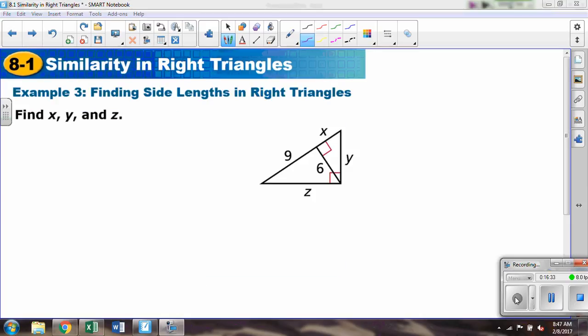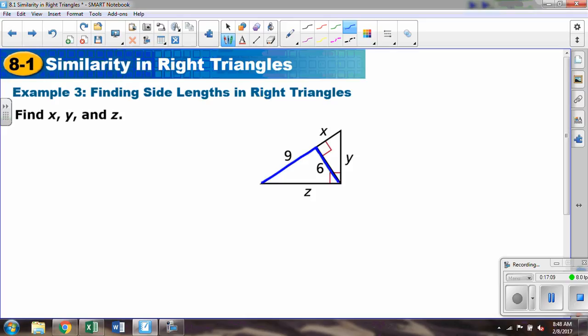Okay, so how are we going to get these three pieces, x, y, and z? Now, frankly, this is actually three separate problems. When I look at the picture, one of the things that I recognize is I already have two of these pieces.